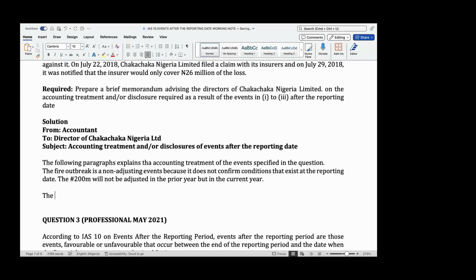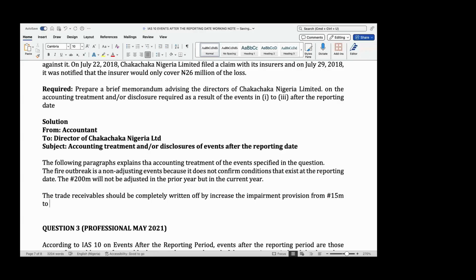So the trade receivables should be completely written off by increasing the impairment provision from 15 million to 60 million at the reporting date.